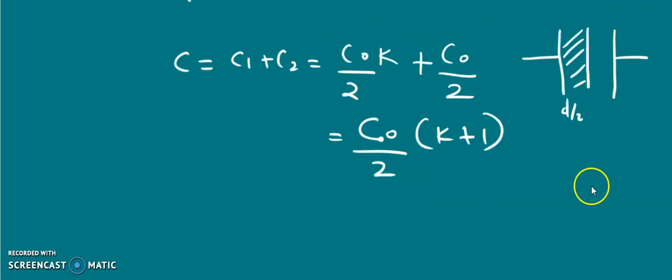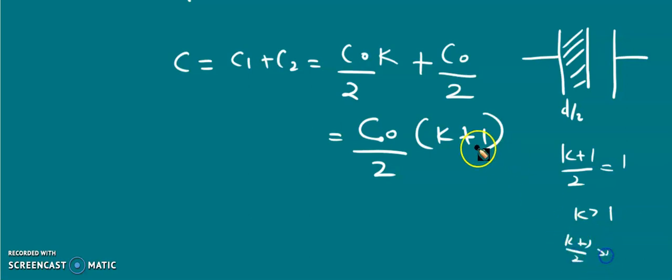In the second case, for air, K is 1, so K plus 1 by 2 is 1. For all other media other than air, K is greater than 1, and therefore K plus 1 by 2 is greater than 1. So here also the capacitance increases. By the introduction of a dielectric medium between the capacitor plates, the capacitance always increases.